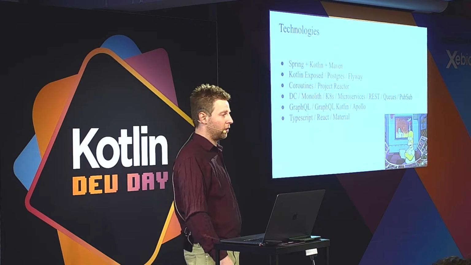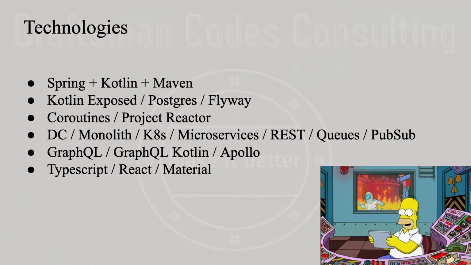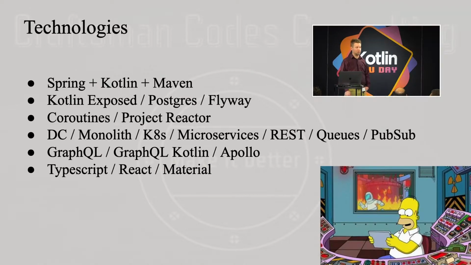We've been using a lot of technologies. Here I have a list of all the different technologies we are using, and I probably have forgotten half of them. There are many more technologies we have been using and I've had experience with. I will go through some of them at a time and show examples of how this works out for us.